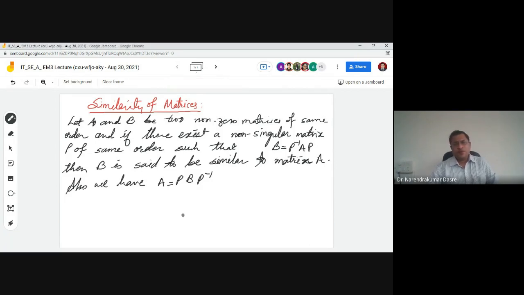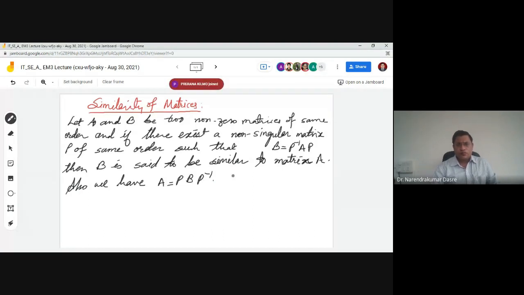So you can see if we can write B is equal to P inverse A P, P is non-singular, so P inverse exists, and hence, since P inverse exists, the inverse of P inverse is again P. So we can write A is equal to P B P inverse.